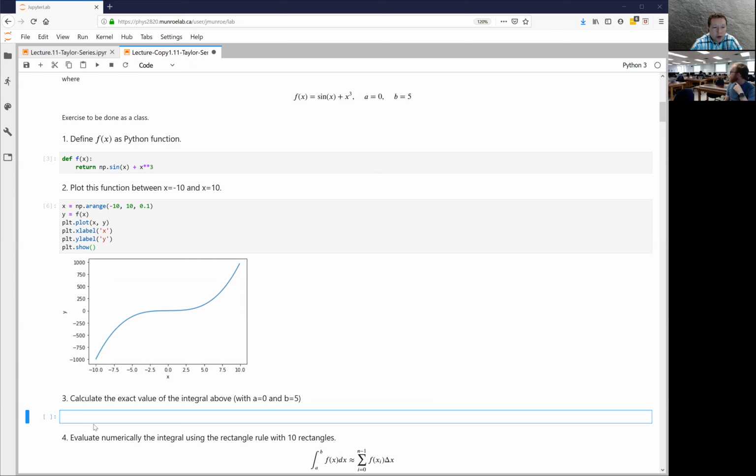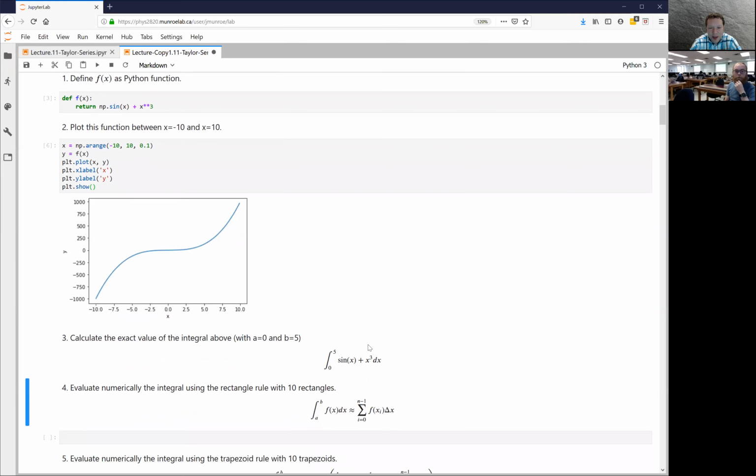So how about I have you try and do this, and this would involve a scrap piece of paper or your best LaTeX skills or whatever, using calculus. Figure out what the integral is. That is, what I mean is figure out the integral from 0 to 5 of sine of x plus x cubed dx. There. Evaluate that for me.